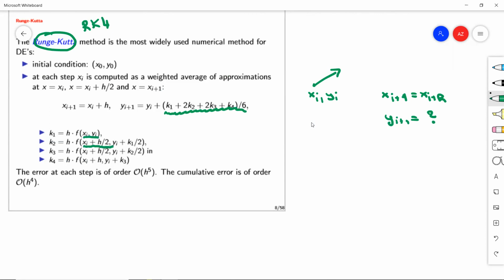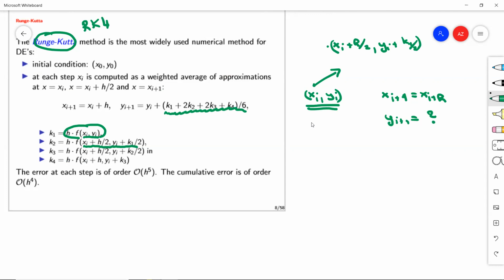Then another point is xi plus h over 2, and then yi plus k1 over 2, where k1 already takes into account the previous point. So this k1 is some coefficient which already takes into account the derivative in the point xi, yi. So this is the second point.